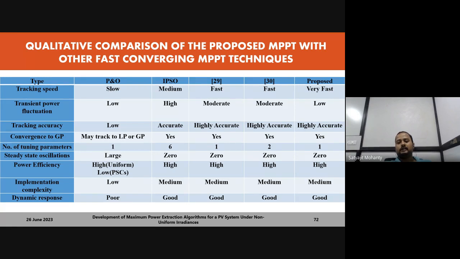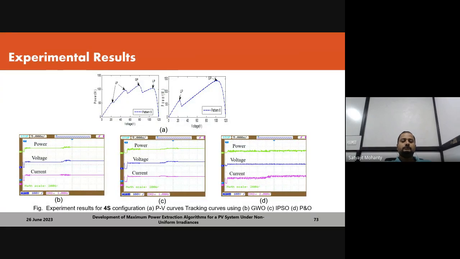So in this comparison we can see the proposed has higher tracking speed, less power fluctuation, and is highly accurate. It converges to GP, has fewer tuning parameters, zero steady state oscillations, high efficiency, medium complexity, and good dynamic response. And these are the experimental results.